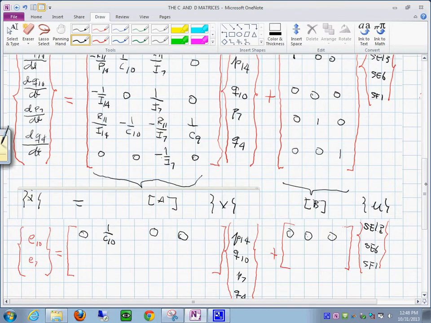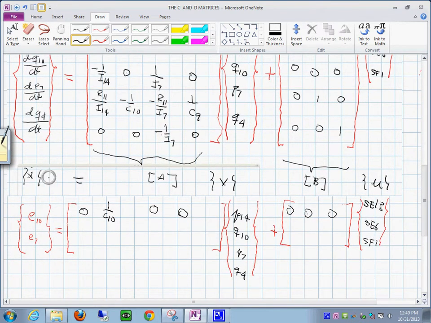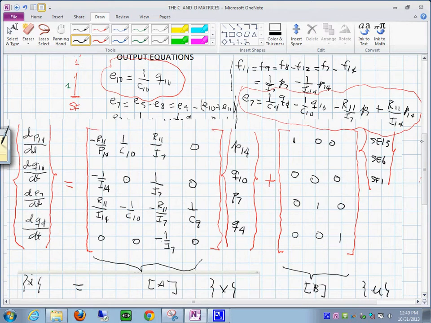Now here we need E7. It has terms in all four of them. The first one, P14, is R11 over I sub 14. I think that's what it is, right, yeah, here on the right hand side.